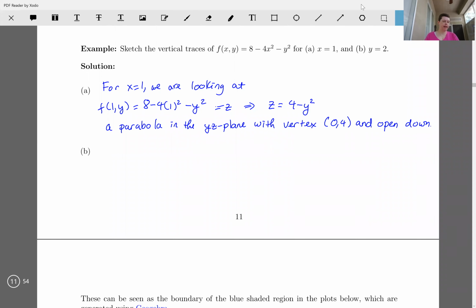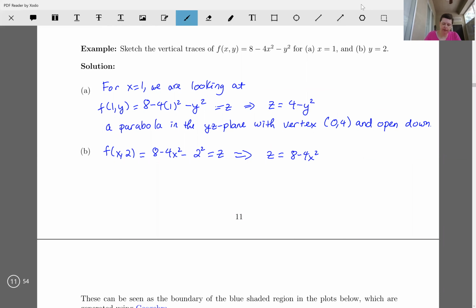Okay, B. If y is equal to 2, then we're looking at f of x, 2, which is equal to 8 minus 4x squared minus 2 squared, and that has to equal z. And so that one's going to give us z is equal to 8 minus 4x squared.